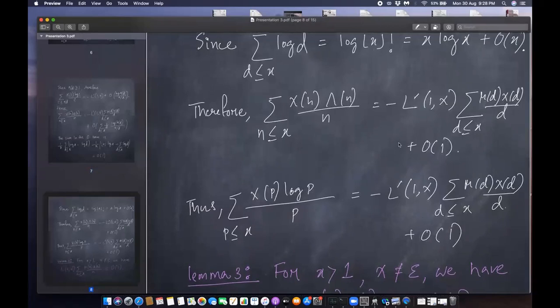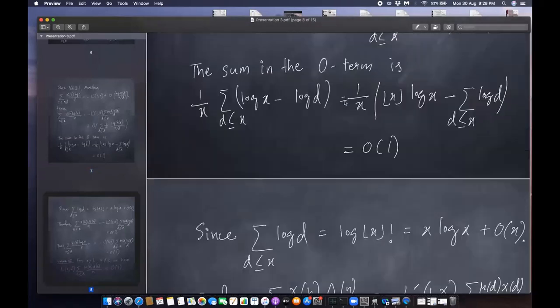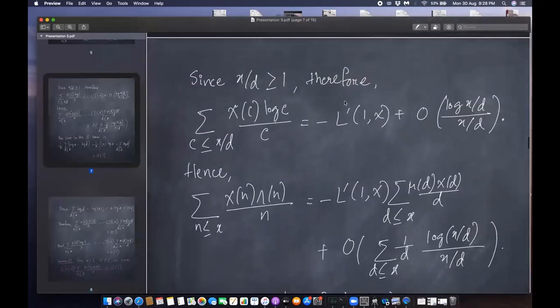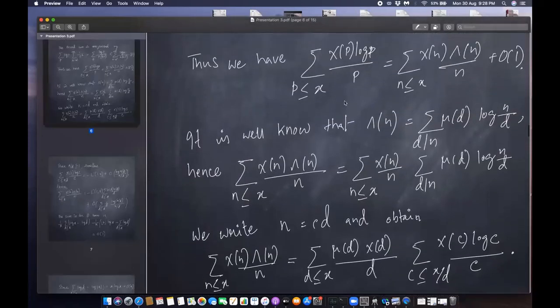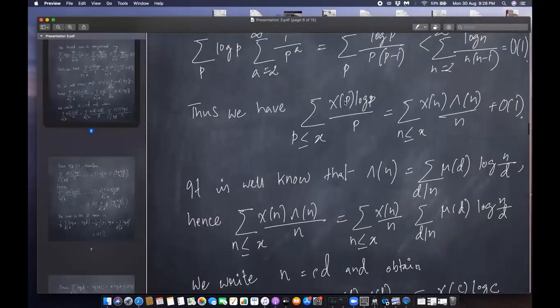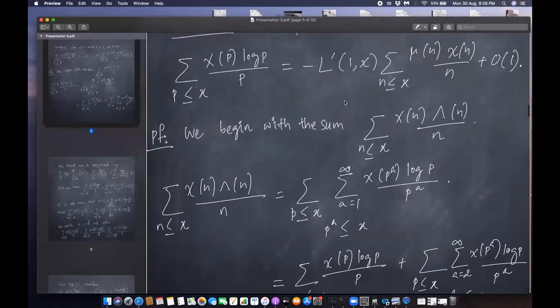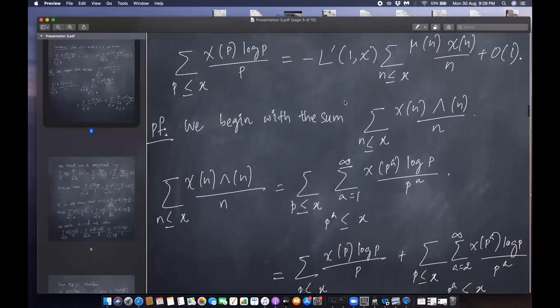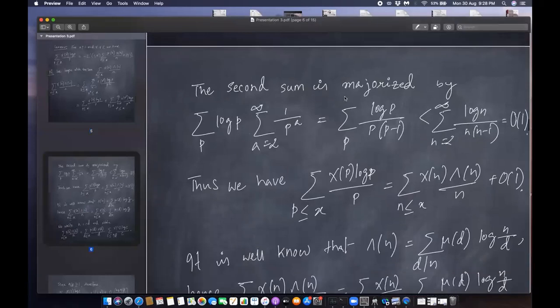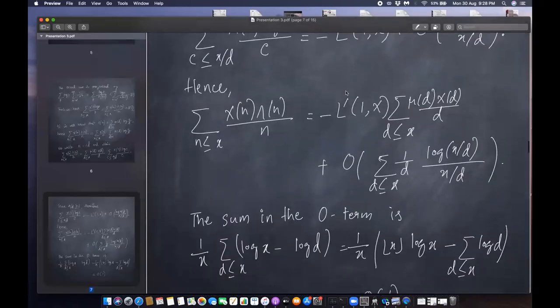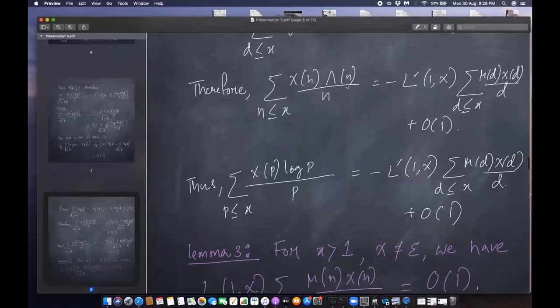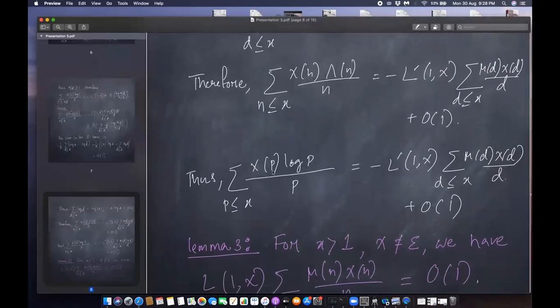So finally, if we use this in our previous identities, where we have log of p here, we obtain this.